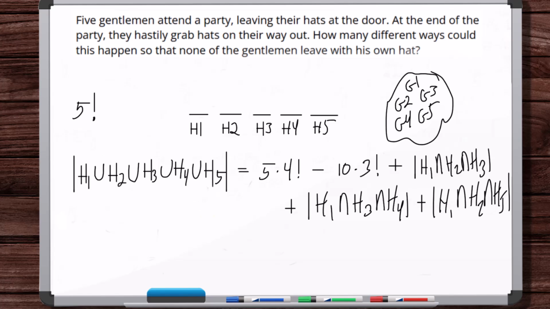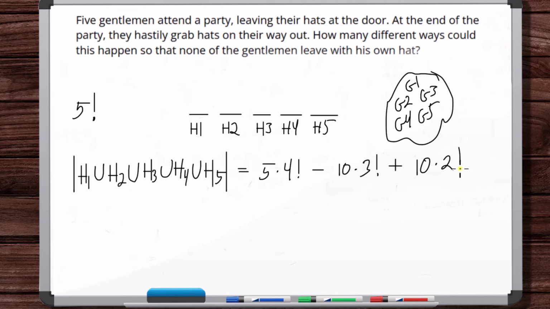So let's think about H1 intersection H2 intersection H3. That's gentleman 1 gets his own hat, gentleman 2, gentleman 3. This is fixed. You have two slots left where order matters, 2 factorial. But it's going to be the same thing for all of these. So it's plus 10 times 2 factorial.